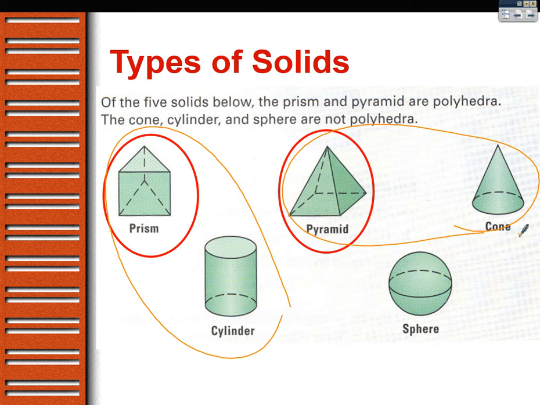But what we could do is take the limit of the number of faces, and we'll call it x, as x approaches infinity. You can't ever get there, but we could see what the behavior is as the number of faces approaches infinity, and the answer is it would become a cylinder in the limit.